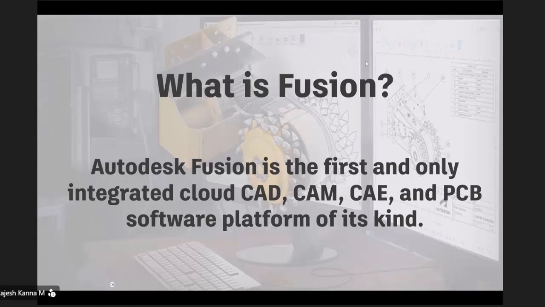So Fusion is one of a kind, a unified platform for design, manufacturing, engineering, and also PCB board design. Here you can design, and if you are familiar with SolidWorks or Inventor, Fusion is a similar platform with almost the same kind of workflow.